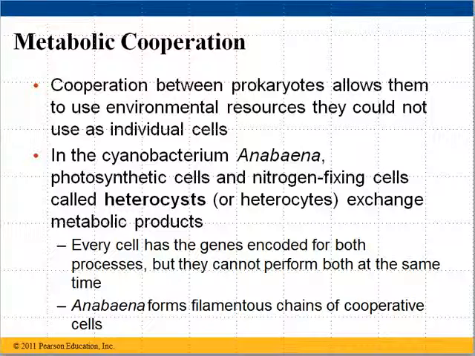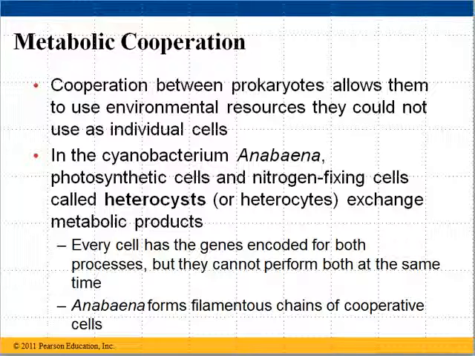So what they do is they form these long chains, these long colonies, and they work together. Most of the cells will do photosynthesis, but some of the cells in the colony will do the nitrogen fixation. These nitrogen fixing cells are called heterocysts, and they basically share these materials between the photosynthetic cells and the nitrogen fixing cells.